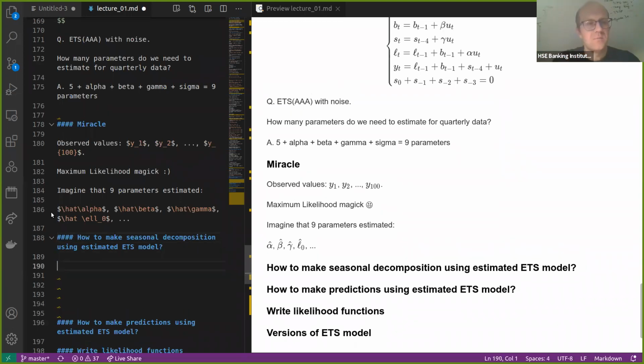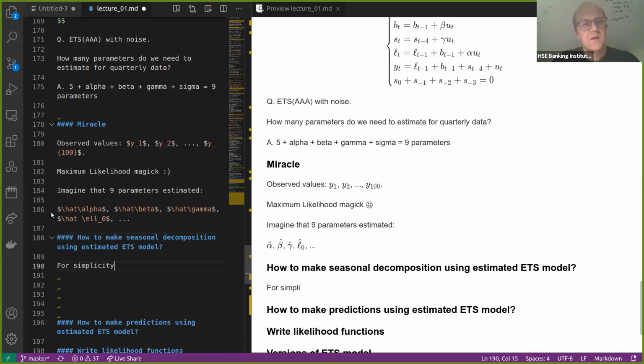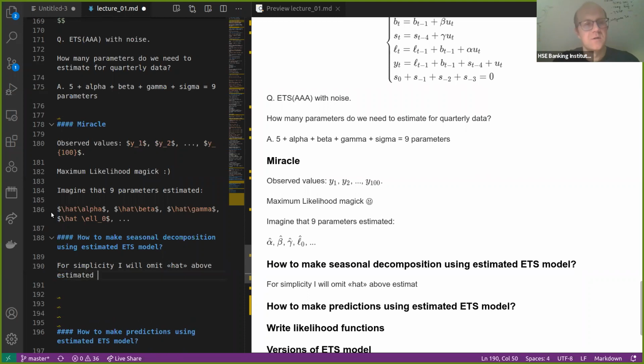Okay, for simplicity, I will omit hats above estimated parameters. So I will say just alpha, beta, gamma, not to write hat.